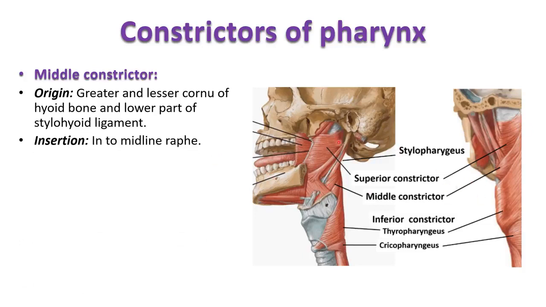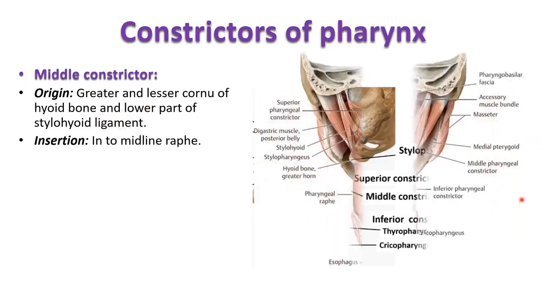We have seen the superior constrictor. This is the pterygomandibular raphe. From the pterygomandibular raphe, the superior constrictor passes backwards, while the buccinator, especially its middle fibers, arises from the raphe and passes forwards. This is your middle constrictor of the pharynx, arising from the hyoid bone and lower part of the stylohyoid ligament, inserting into the midline raphe.